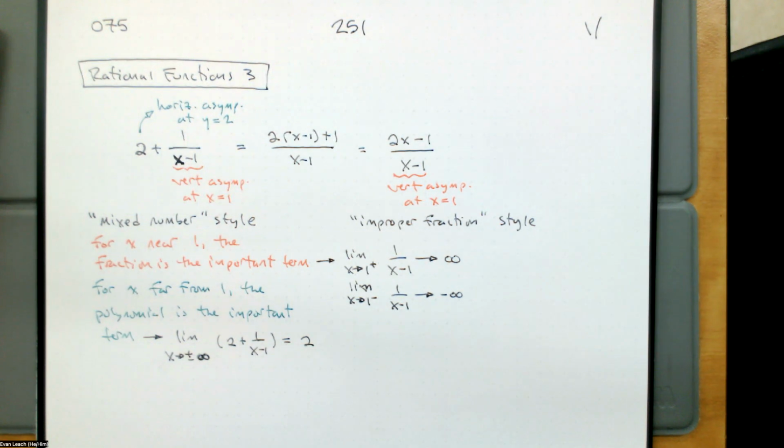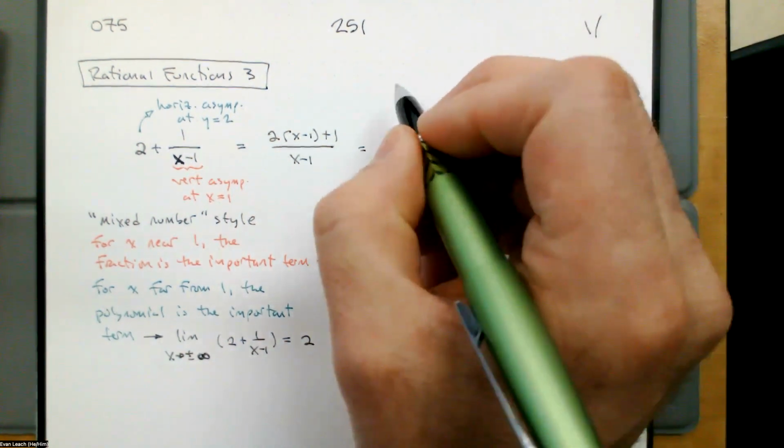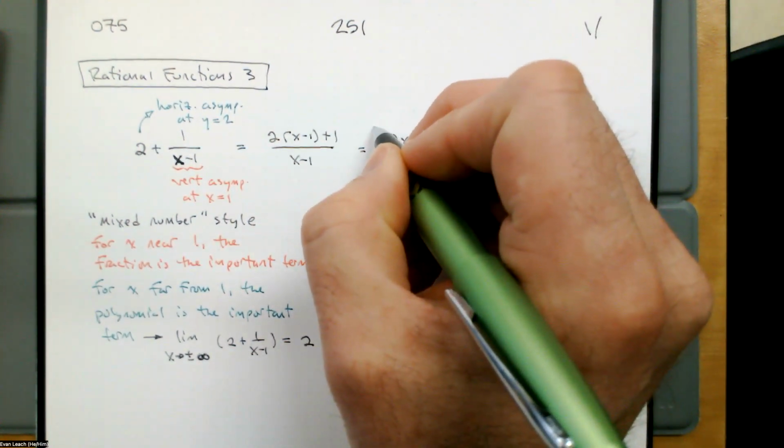And the limit as x goes to positive or negative infinity is still going to be 2, because we've got a 2x over x.